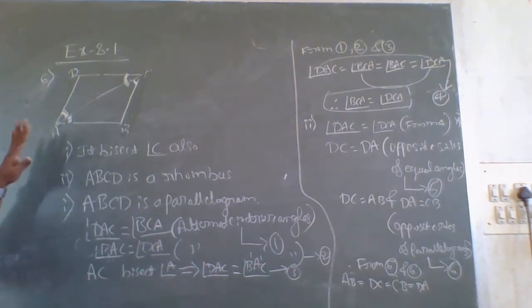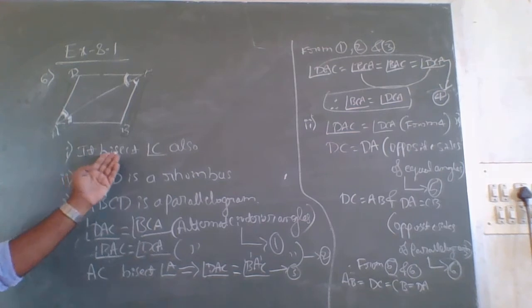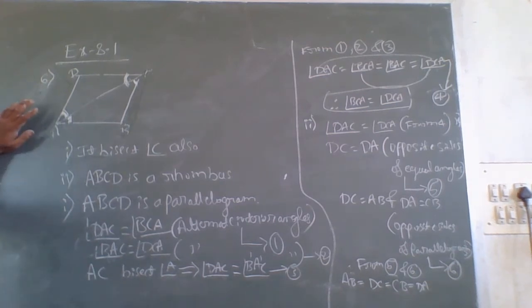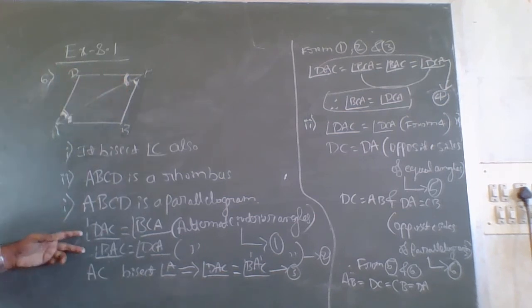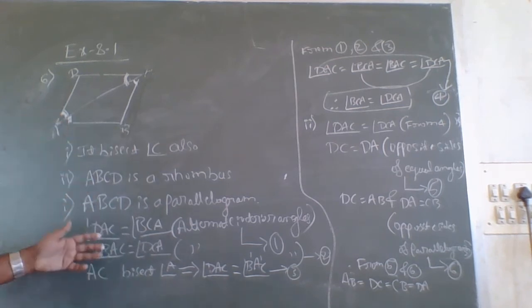So what did we do here? It is given that this is a parallelogram and AC is bisecting angle A. Therefore, we have to prove that AC is bisecting angle C also, and that ABCD is a rhombus. To prove this, first, these two angles are equal and these two angles are equal because of alternate interior angles, and these two angles are equal because AC is bisecting angle A. Here we got the first, second and third equations.